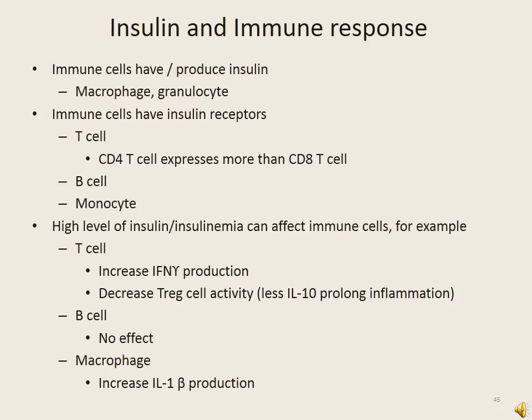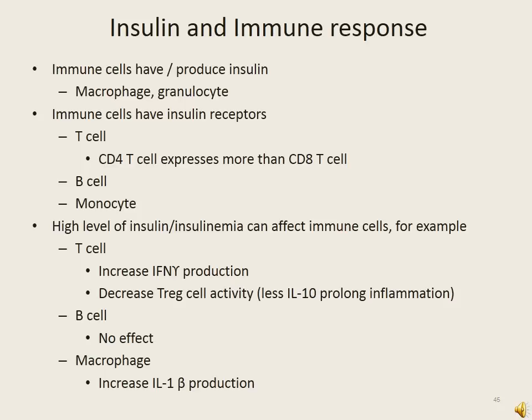In the condition that has a high level of insulinemia, this can affect immune activity. For example, it increases interferon gamma production from T cells, but it decreases the activity of regulatory T cells.